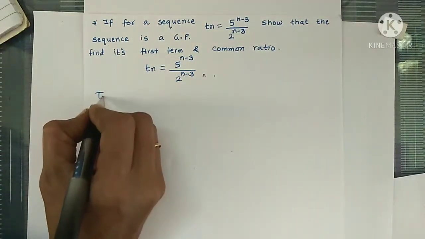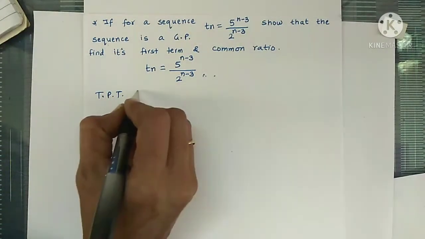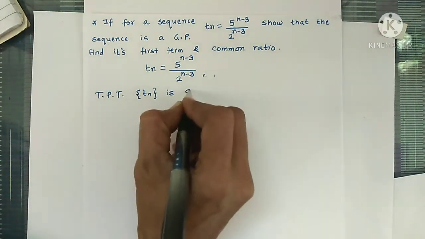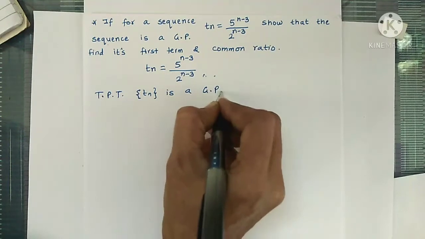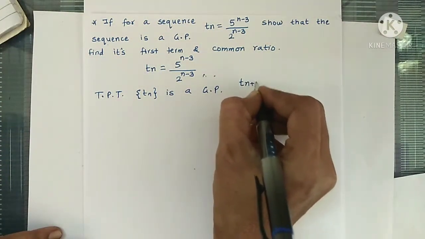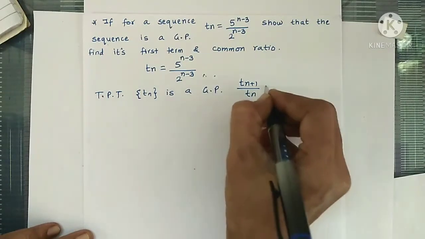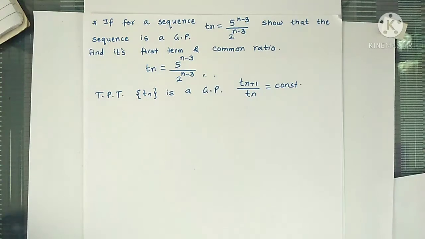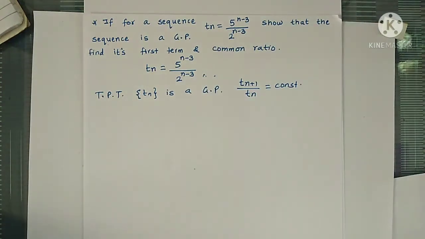Now to prove that this sequence is a GP, that we have to prove. Now what is the definition of GP? GP means Tn plus 1 upon Tn has to be constant. Constant means it should be independent of n.